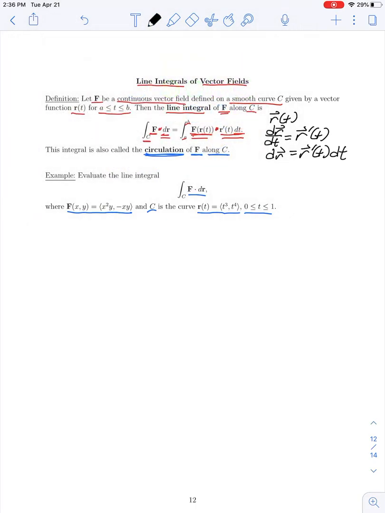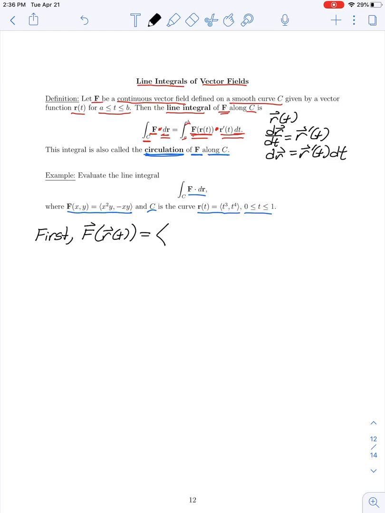So in order to evaluate this, we need to find a couple of things. The first is going to be my vector field f as a function of t instead of x and y. So x and y we're going to replace by the component functions of r of t.